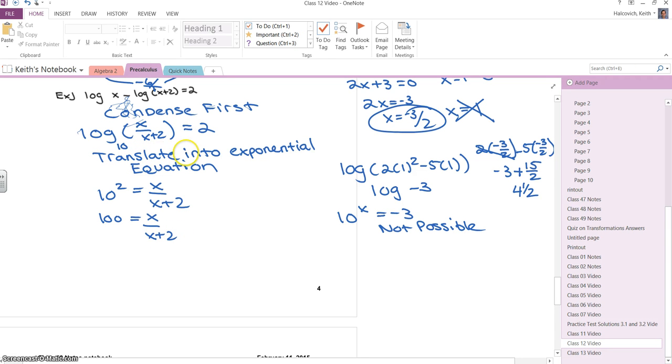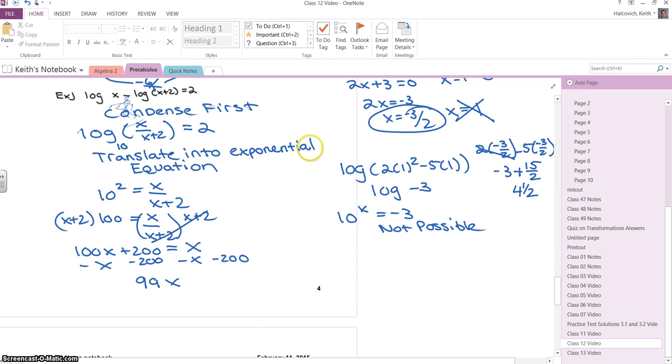And then you can multiply both sides by x plus 2. So you get 100x plus 200 equals x. You subtract the x. So you get 99x. You subtract the 200. 99x equals negative 200.